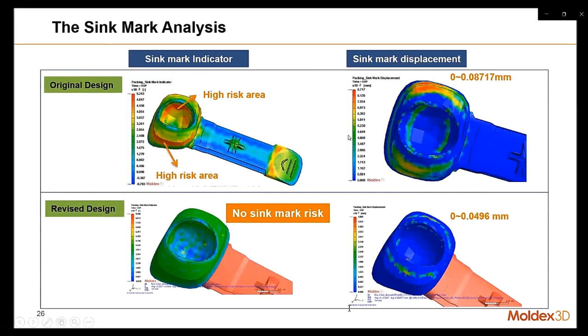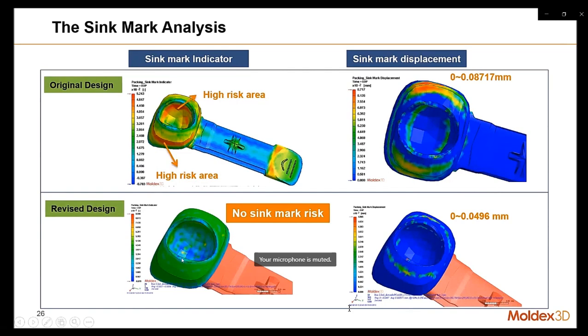And now here we show you the result based on the original design and the revised design. So the original design means one shot, and the revised design means two shot. And when we check the seam mark indicator, in the one shot design, there is a very high risk area to get seam mark. But in the two shot design, you can see the seam mark indicator is much more even.